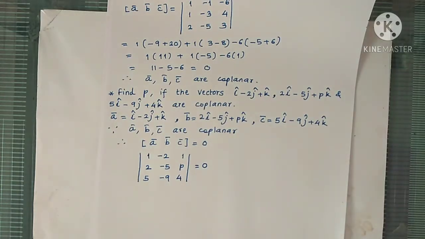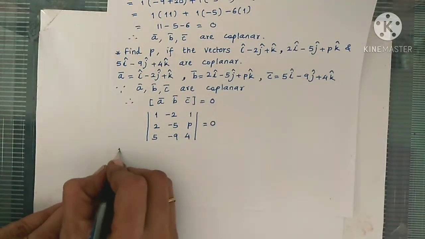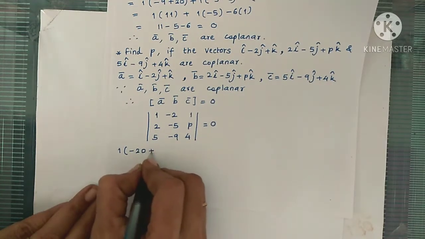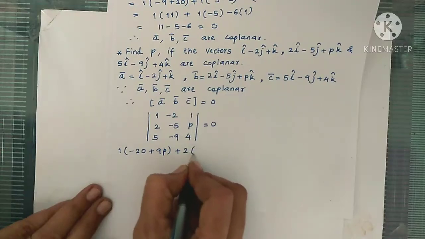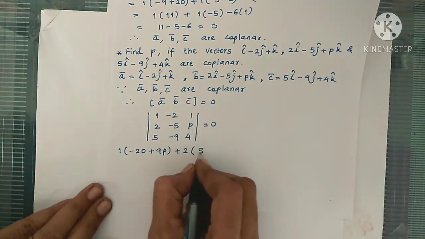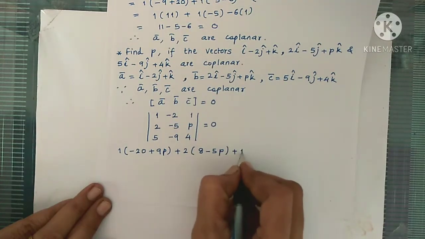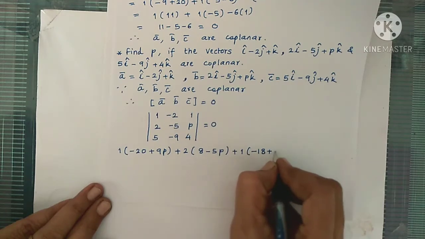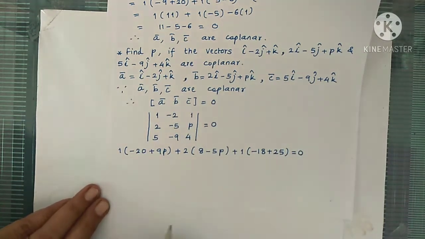Now let's solve this and let's find the value of p. So the expansion of the determinant gives us 1 into (minus 20 plus 9p), then plus 2 into (2 into 4, that is 8 minus 5p), and plus 1 into (minus 18 plus 25) equals 0.